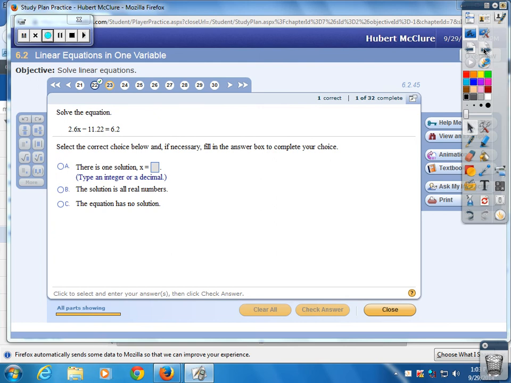We got to clear the decimal. 2.6x minus 11.22 is equal to 6.2.